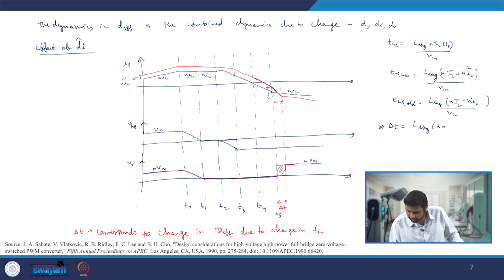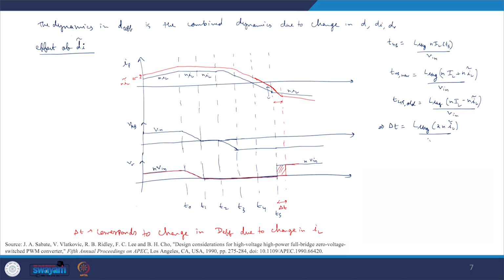So it is 2 times N IL, small IL change divided by V in.